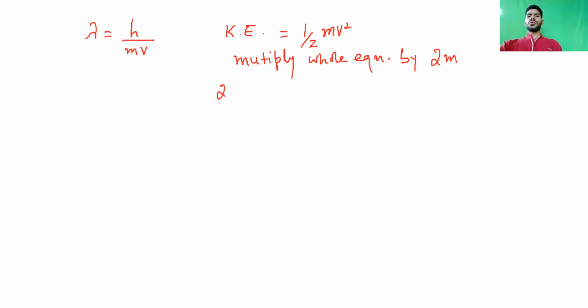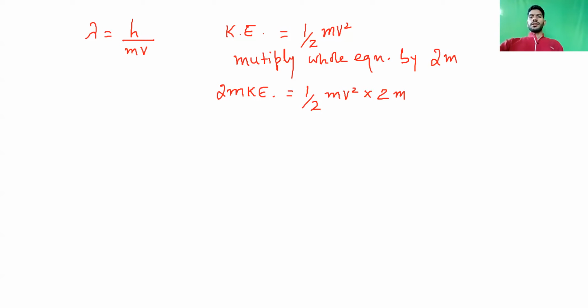I will write that 2 into m into kinetic energy, so it will be equal to 1/2 of mv square into 2m. Correct? Can I write it like this? Yes, we can, because we know that 2m and 2m will get cancelled, and we will again get kinetic energy is equal to 1/2 of mv square, isn't it?